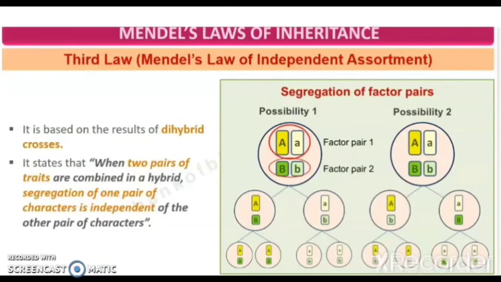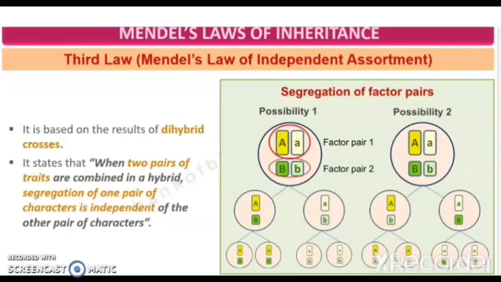From the Punnett square, we can effectively understand the independent segregation of two pairs of genes during meiosis and the production of egg and pollen in the F1, that is the capital R, small r, capital Y, small y plant, and consider the segregation of one pair of genes, capital R and small r. 50% of the gametes have the gene capital R and the other 50% have small r. Besides, each gamete, with either capital R or small r, should also have the allele capital Y or small y.